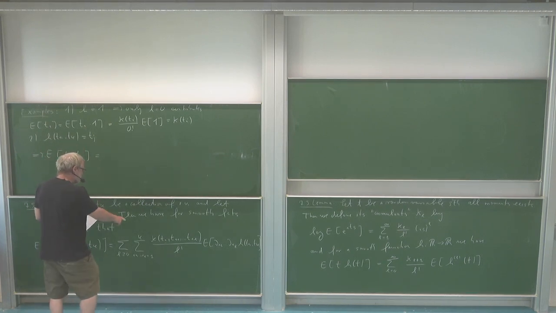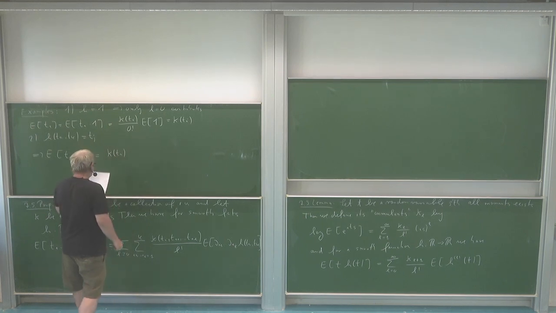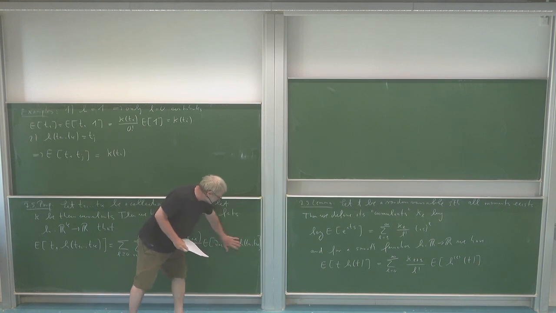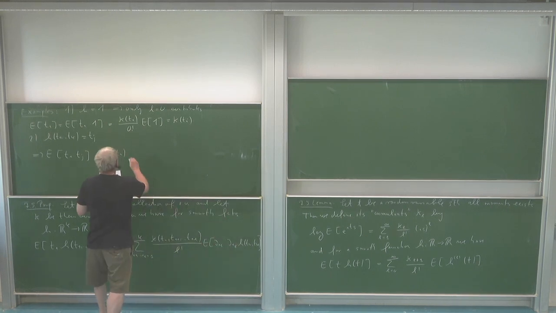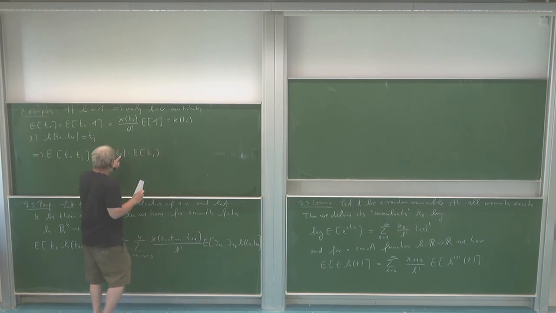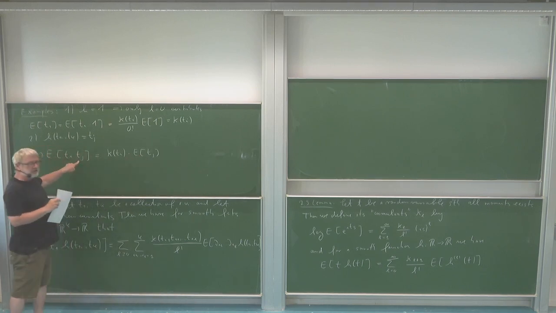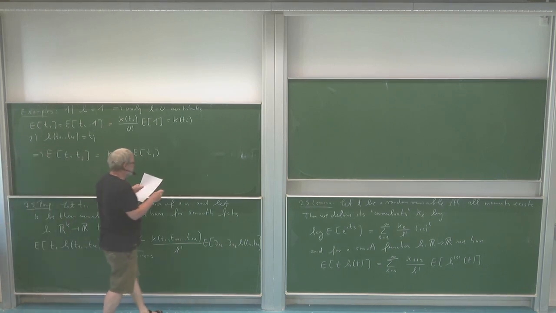What is the L equal to 0 term? That's again the term as before. So I have kappa of Ti divided by 0 factorial, multiplied with the expectation of h, which is just Tj. Here I have the Ti, corresponding to this, and here I have the Tj, corresponding to this. So this is the L equal to 0 term.